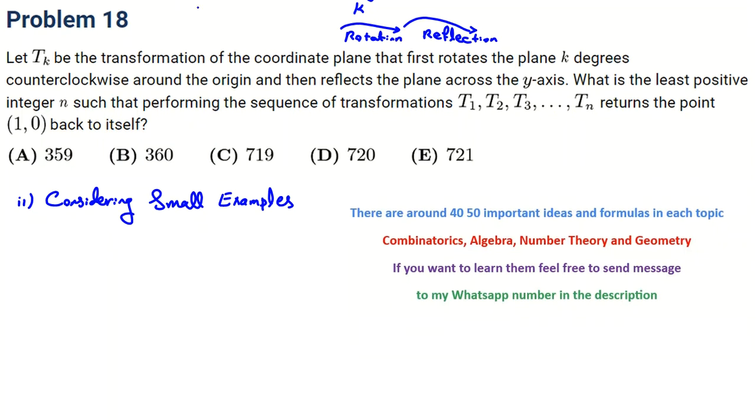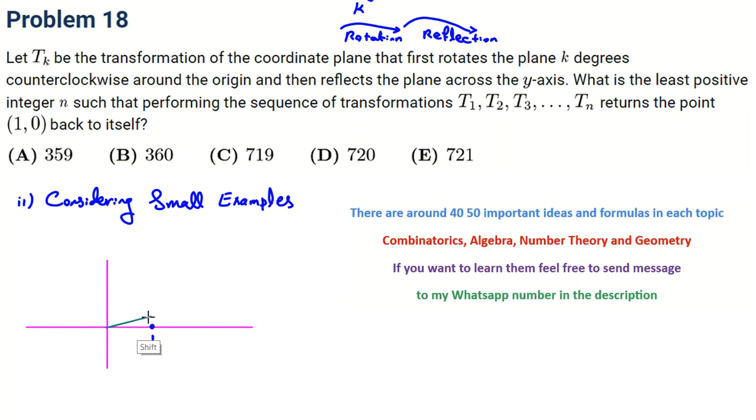Okay, so here let's apply T1 first together. At first, our point is in what position? (1, 0). Then we rotate 1 degree, for example like this.